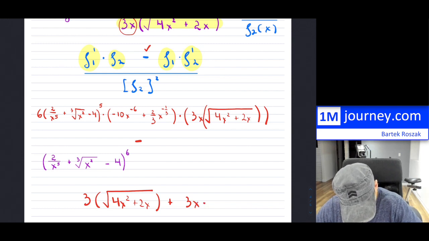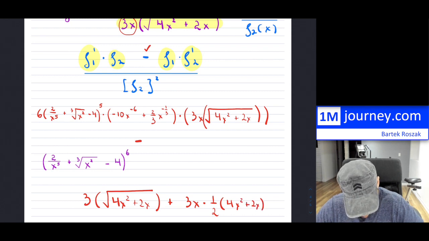Because of the square root, that's just 1/2 of 4x squared plus 2x, and within here, this is going to be now negative 1/2.